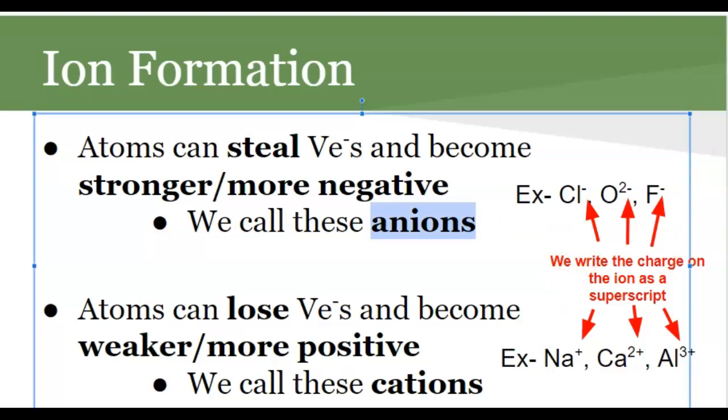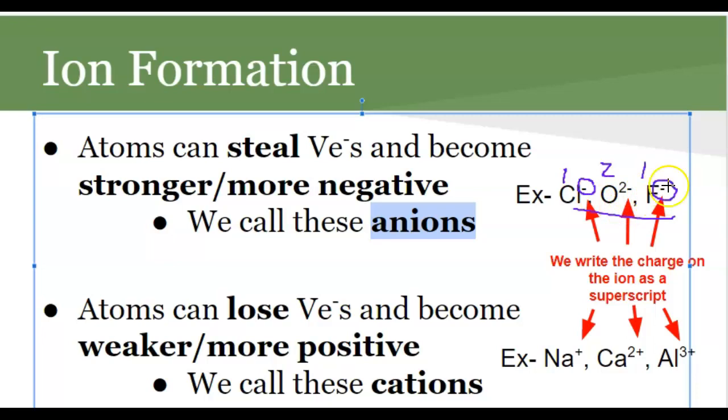Thinking about anions, they're labeled here at the top. Chlorine has taken 1 valence electron, oxygen has taken 2 valence electrons, and fluorine has taken 1. And how do I know that? It's designated by a little superscript. If there's not a little 1, but instead just a negative, then that means it's a -1.